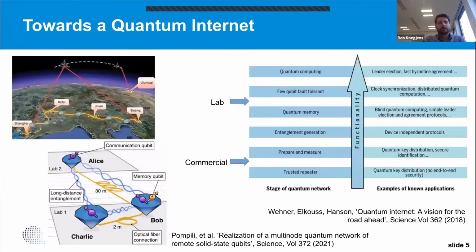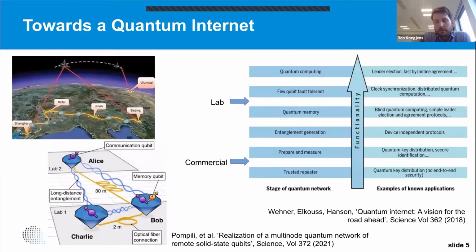These different applications rely on different levels of functionality from quantum networking. Some of these applications, like quantum key distribution, are already possible with technology that's commercially available today. What I call trusted repeater nodes already exist, and maybe a famous example is the one between Beijing and Shanghai.